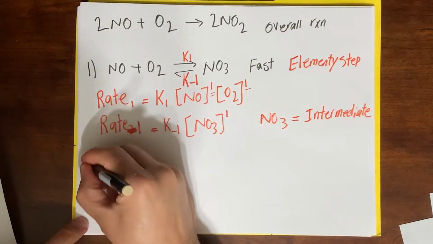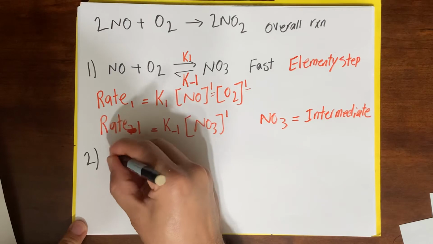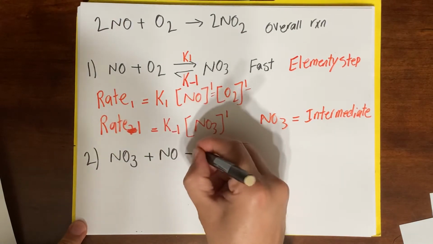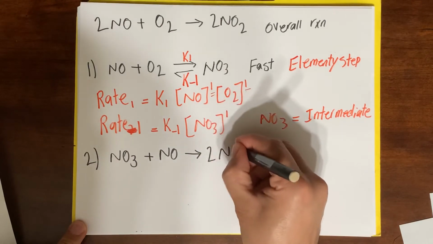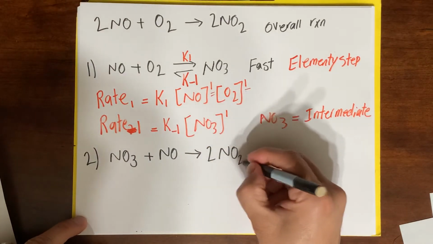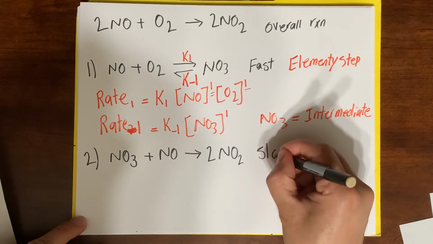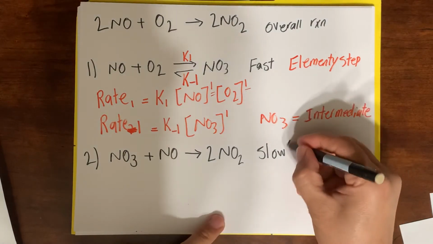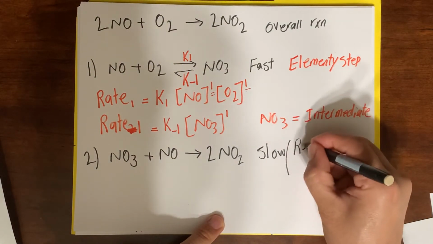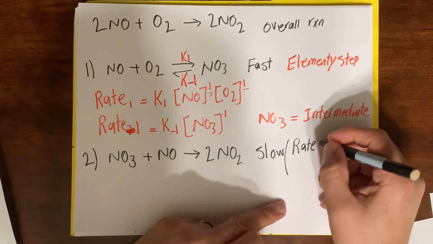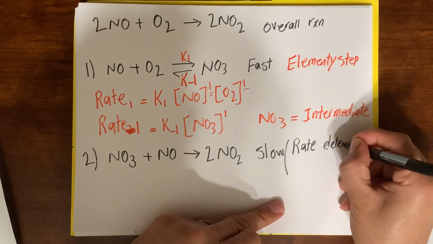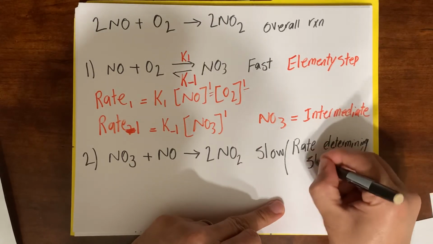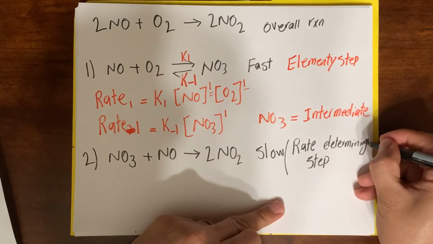Next thing, second step, it says NO3 plus NO, we get 2 mole NO2. This is slow. Okay. Because this is slow, it will be the rate determining step. Step that's going to slow entire reaction.